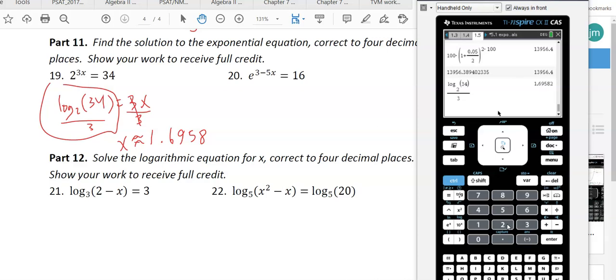Put in log form, natural log of 16 equals 3 minus 5x. Subtract 3. Natural log of 16 minus 3 equals negative 5x. Divide by negative 5. Type that in your calculator.